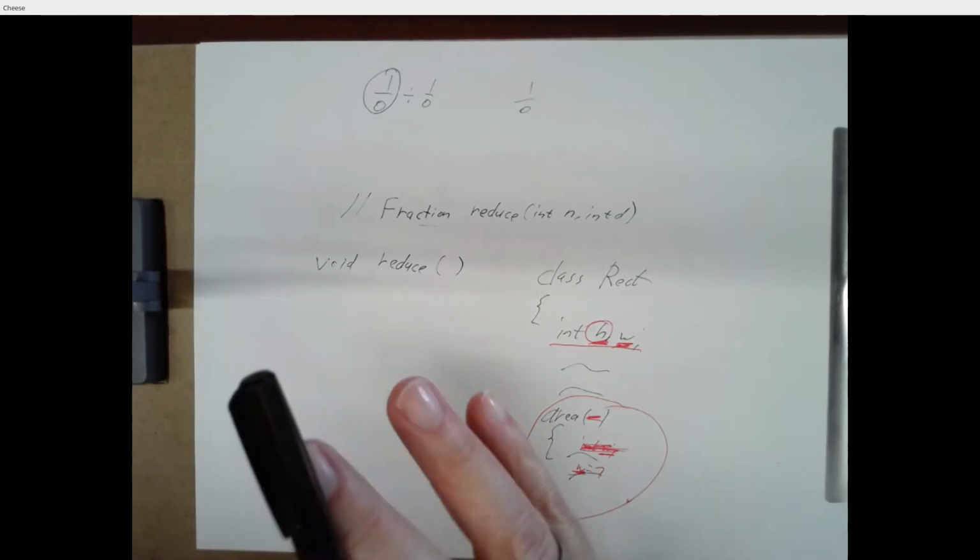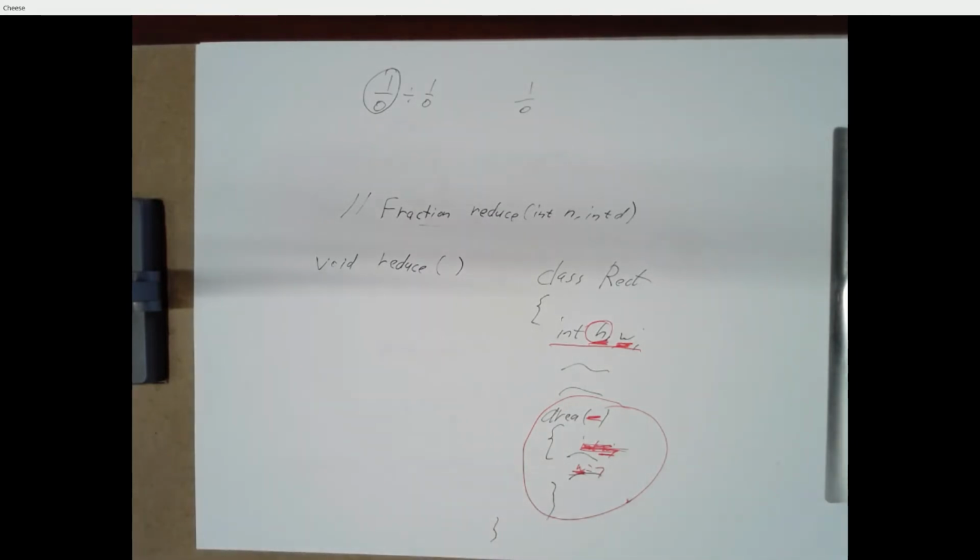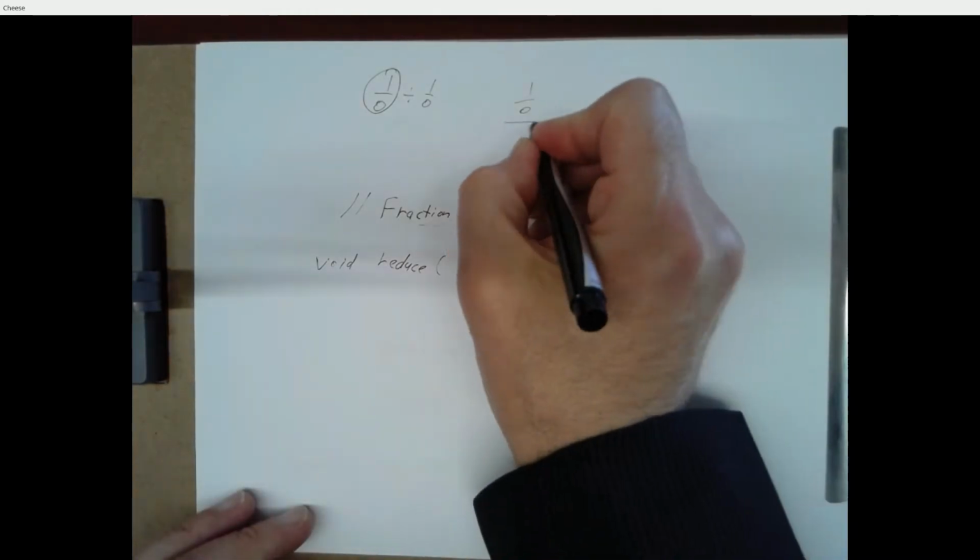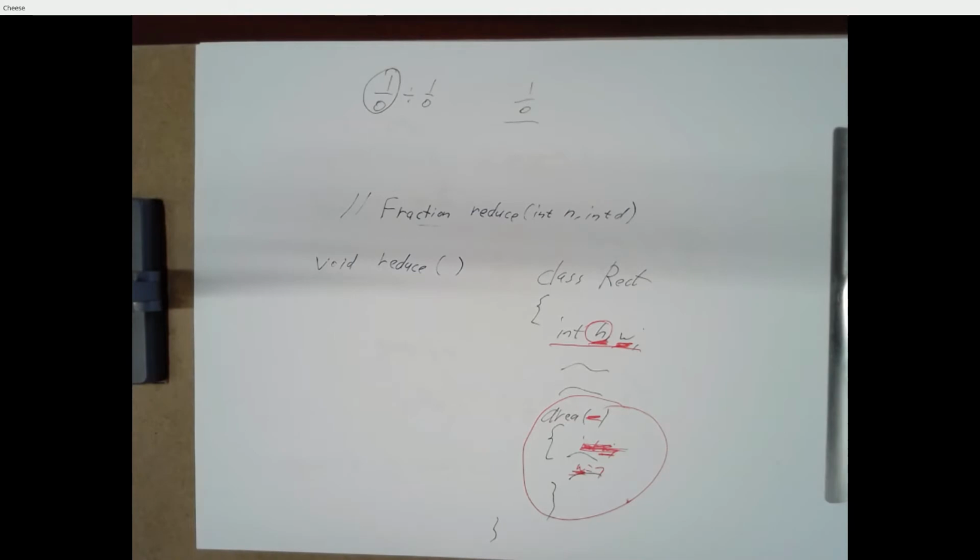And definitely don't print any messages. That's a big no-no. We're not really considering this to be an error. So if the result of an operation is undefined, just return a new fraction 1 over 0, or something to map to undefined.